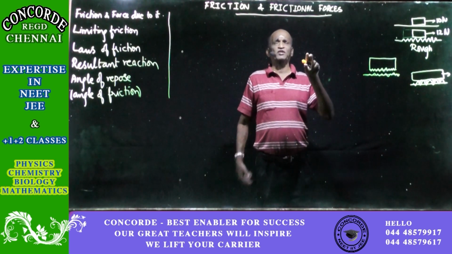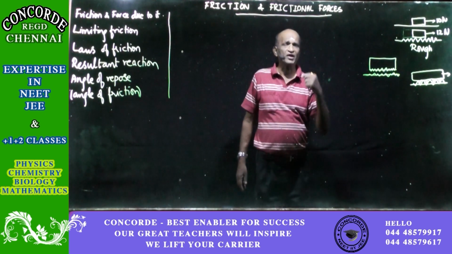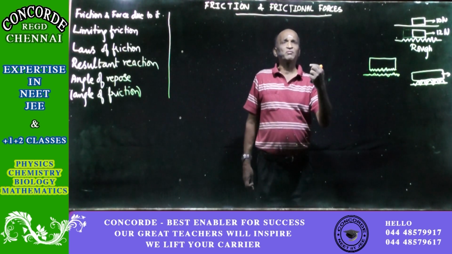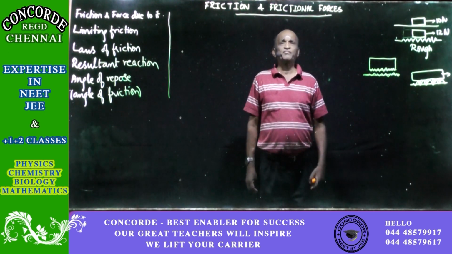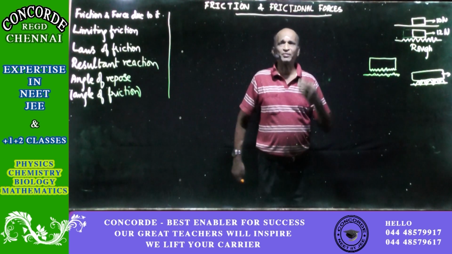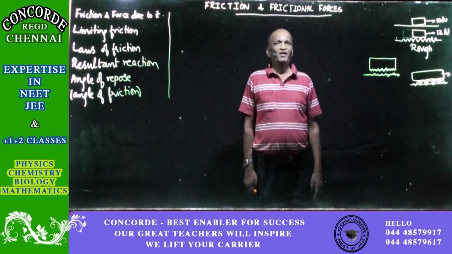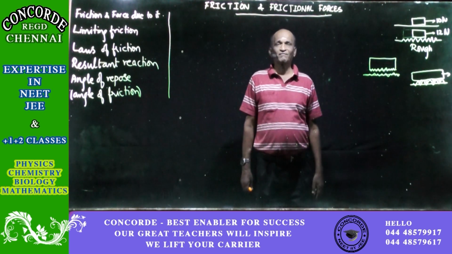If you see one side of the coin, you will see the symbol. If you see the other side of the coin, you will find the worth of the coin, the number that is inscribed. So both are seeing the same coin but on two different sides, so it will appear to be different. That is why, if you ask me, I will say that it can be either way.